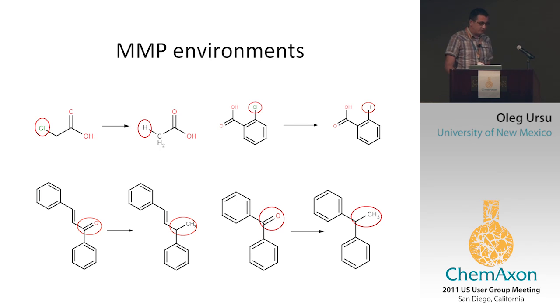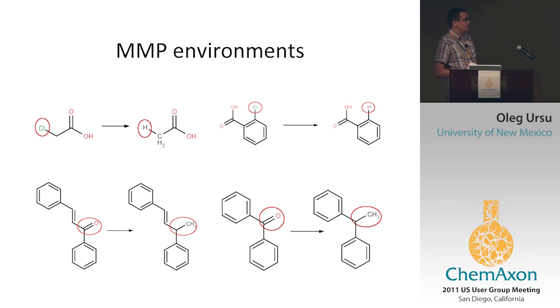Another thing which a lot of the people who published studies using MMPs ignore is the atom environments where these reactions, transformations take place. In this case, you have the same SMIRKS. You change from chlorine to hydrogen, and it will be represented by the same SMIRKS here, but it's changing the environment completely compared to this one.